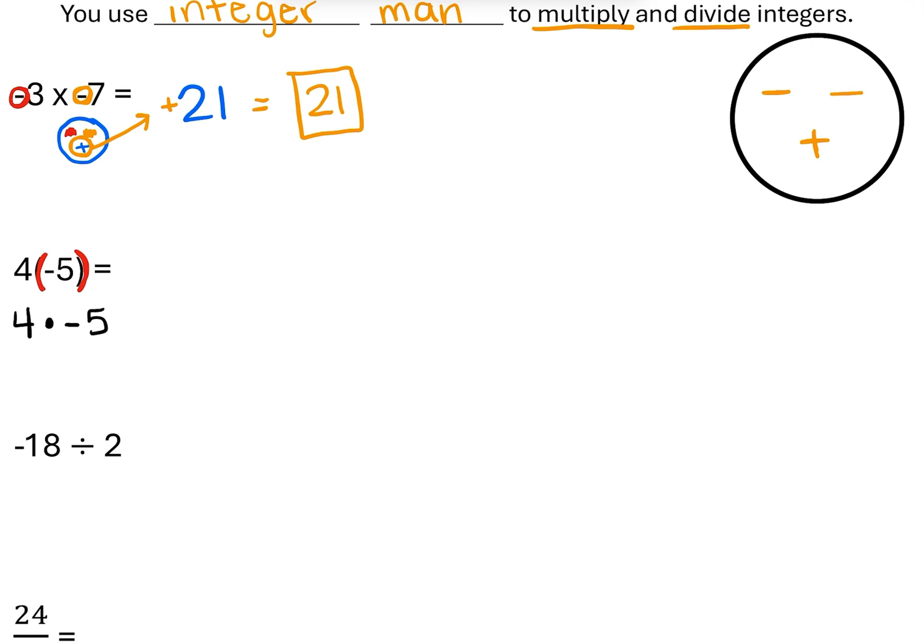This is not 4 minus 5. This is 4 times -5. So we're going to multiply like normal. We have 4 times 5, which is 20. And then we're going to use integer man, 2 negatives and a positive. My 4 does not have a symbol, but it's positive, so I'm going to mark out my positive. And then my 5 is negative, so I'm going to mark out a negative. And what's left? Negative. So my answer is -20.